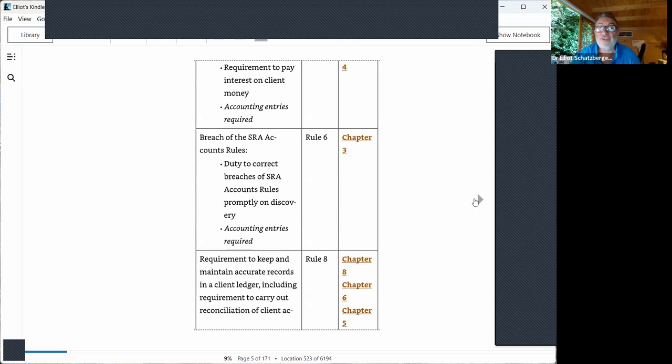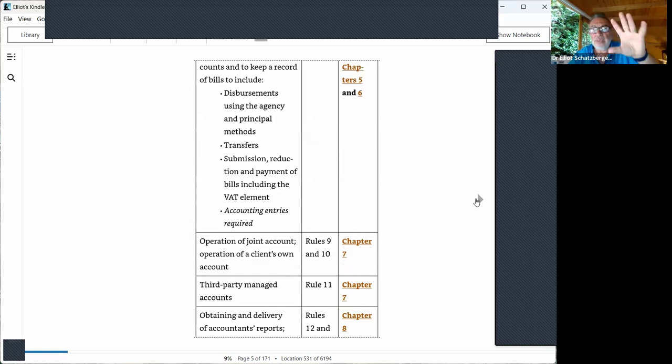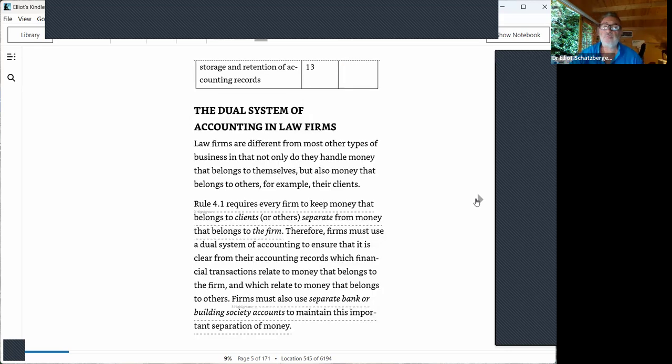And then we've got interest. We've got breach of the rules. We've got bookkeeping and record keeping. So all of those are set out here. And all this is doing is telling you what's in this book. It would also, of course, tell you, if you're with me, what I'm going to do session by session, because I follow the chapters of these books. Absolutely. So it then talks about other things like third-party accounts. We'll look at that in a moment, and accountants' reports at the end of your year.